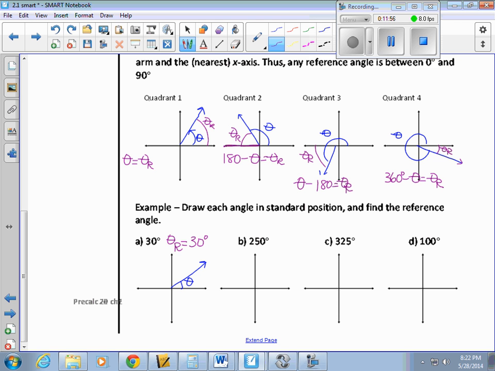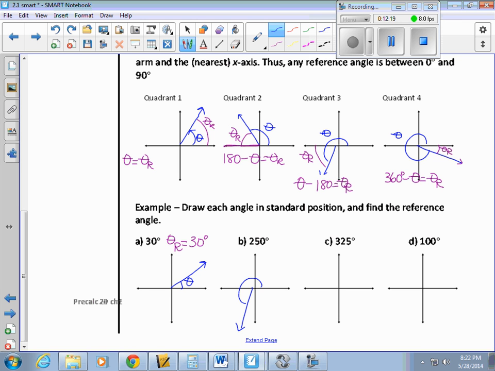250 degrees, so that's going to be 180 and then another, I believe, 180 plus that 270. So it's going to be in quadrant 3.